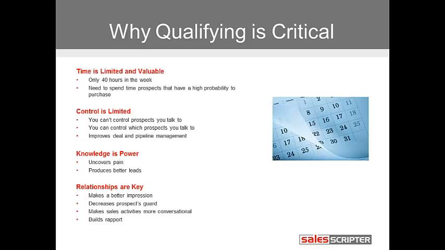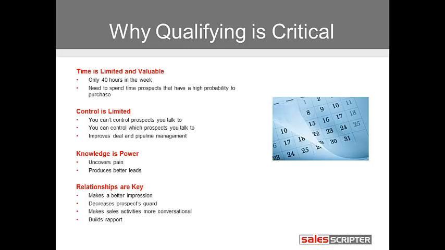But the reality is that what we often do is we fall into the trap of selling to prospects that just really don't fit with what we have to offer. And there are good prospects out there, and we just waste valuable time talking to bad ones, and that time could have been spent finding the good prospects.